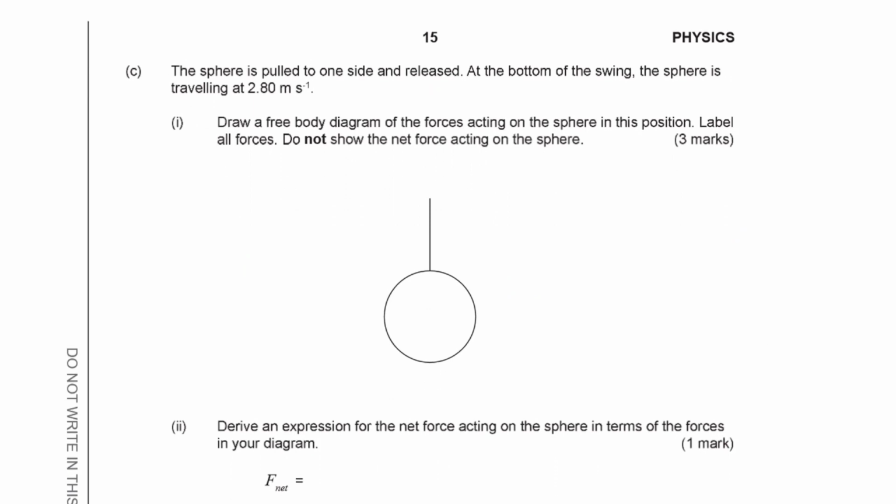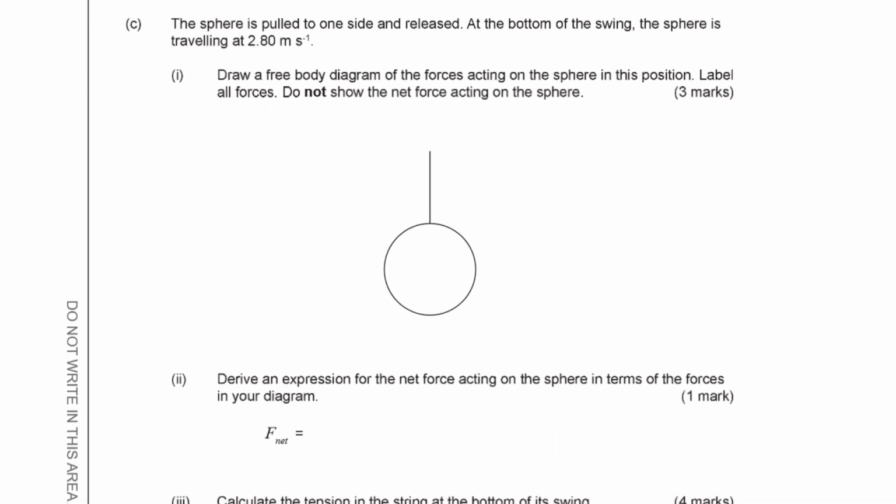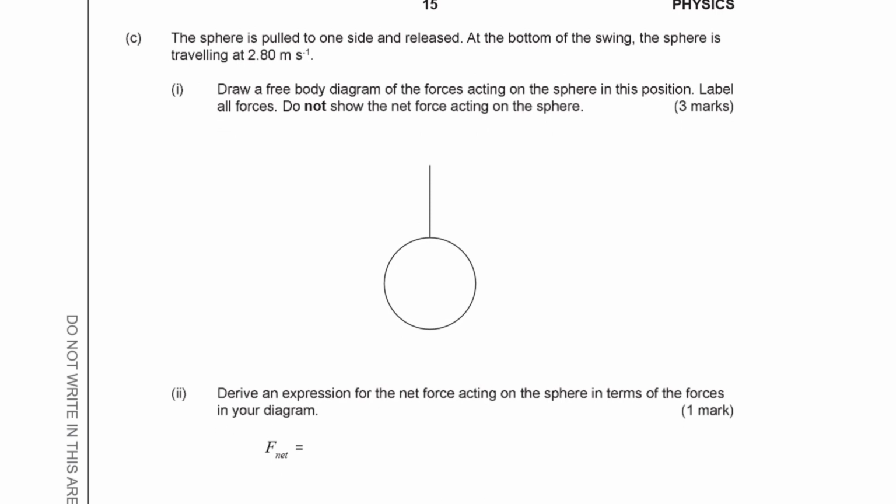Now it's swinging, so we're going to factor in circular motion by the looks of things. Bottom of the swing, okay, good. You're being given a velocity. Now it's asking for a free body diagram while it's going through the swing. At the end of the day, it's going to be the same as the one I drew above, except we're not going to have them balanced. So we're going to have a weight force acting down, and then a tension force acting up.